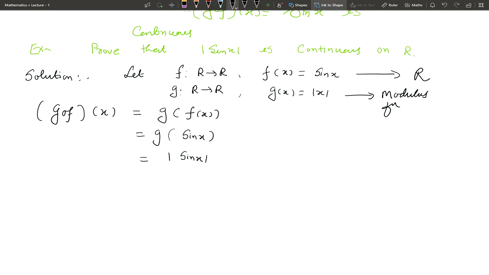So g of f of x equal to mod sin x. So mod sin x is a composite function of two continuous functions, and we know the rule is that a composite function of two continuous functions is continuous, and therefore g of f of x equal to mod sin x is continuous on R.